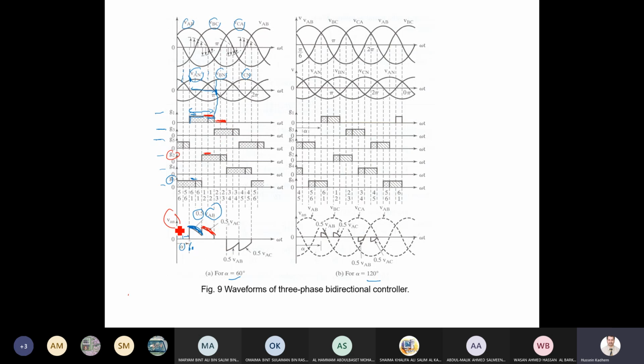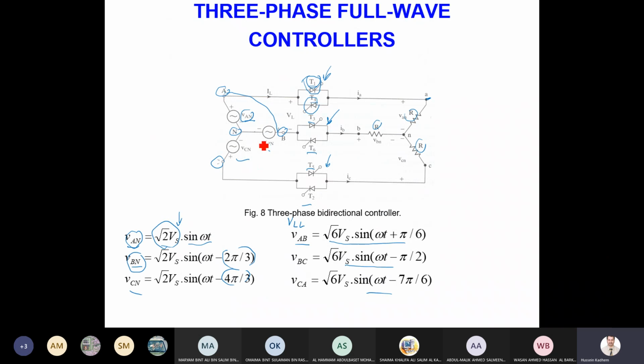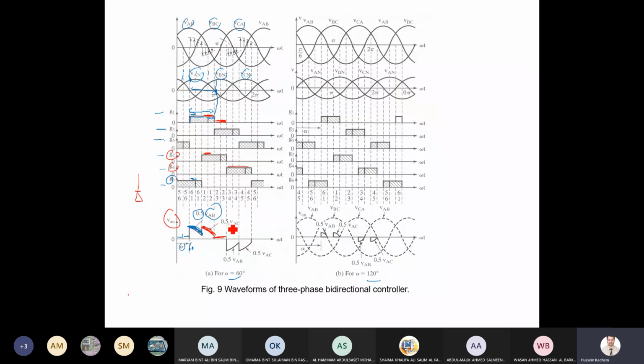I'm talking about VAN, by the way. VAN is not conducting to the positive, so we have 0. It returns when thyristor 4 conducts, which is on the same leg, because you remember, let me show you, thyristor 1 and thyristor 4 are connected to the same leg. So here you can see 0 volt, and so on. We look at which thyristor will conduct.